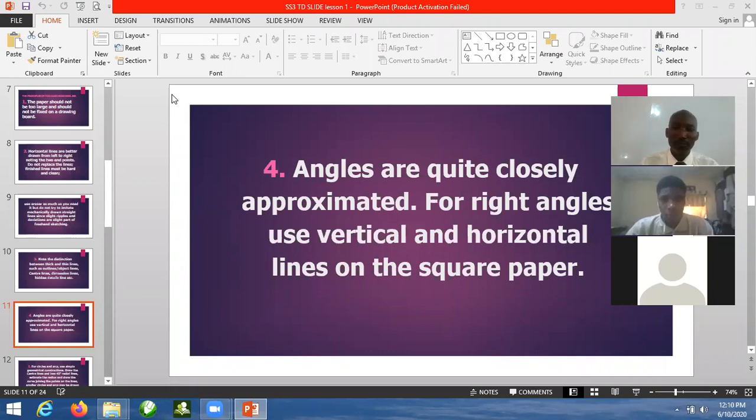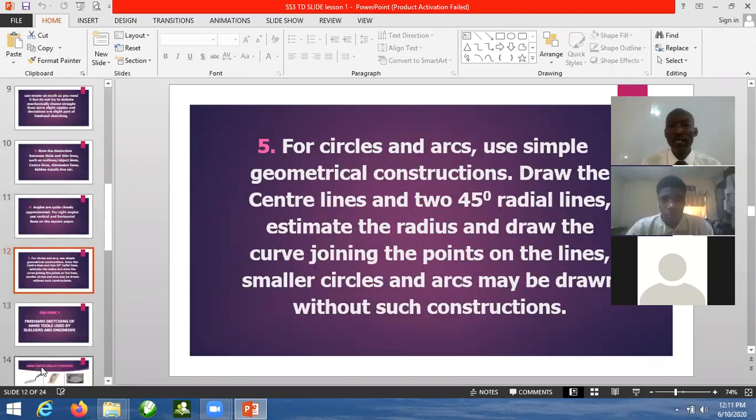All right. The next one has to do with circles and arcs. The next principle, that is the fifth principle now, has to do with circles and arcs. It says when you have to draw a circle and an arc, use simple geometrical constructions.